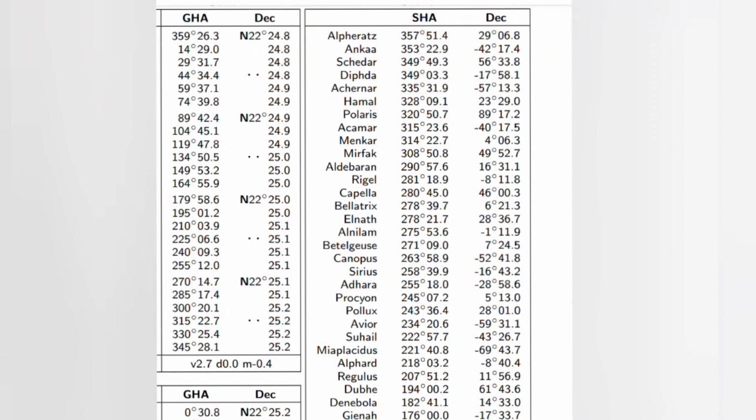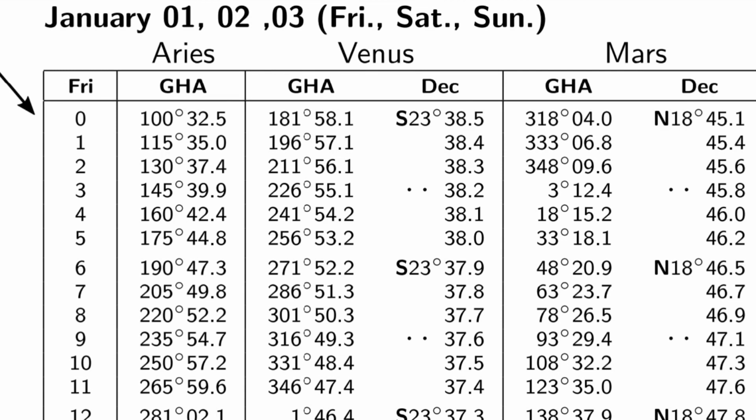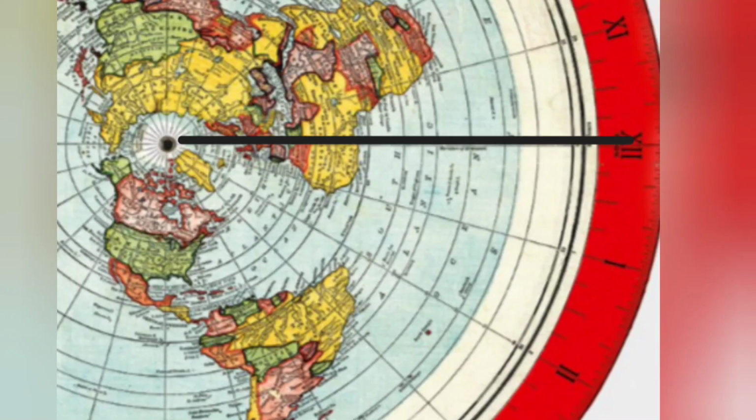Here's the list of the stars, and it is just their position compared to the rotating GHA of Aries. So in essence, all you do is you locate the longitude for Aries according to the GHA, and then whatever the chart says, the star chart, the SHA, you just add it and circle your way around.